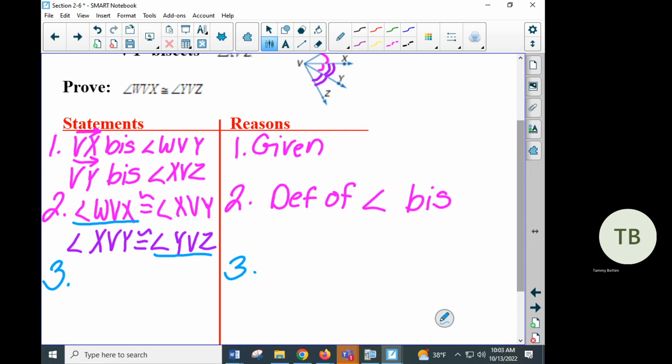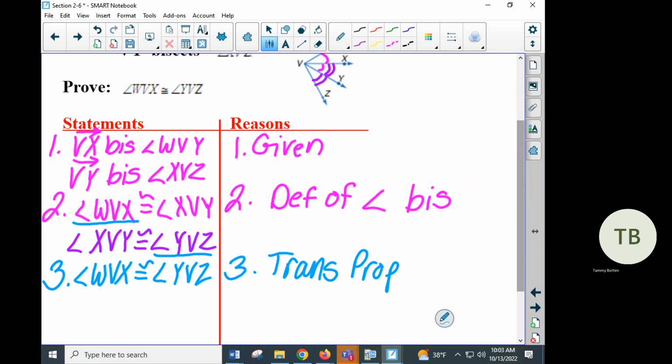Transitive, right? This and this are the same, so you can cross those two out and say angle WBX is congruent to YBZ. So it's like this and this can cross out because of transitive, and you say those two are equal, and that's by transitive property. And that is what we want, so we're done.